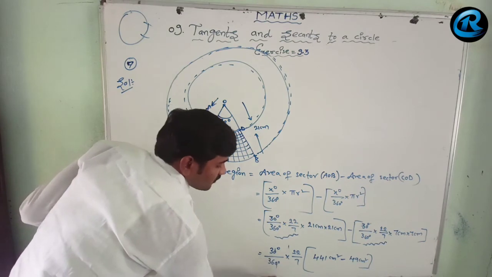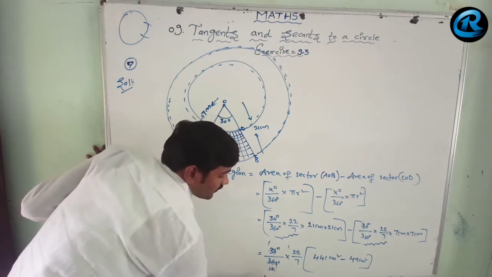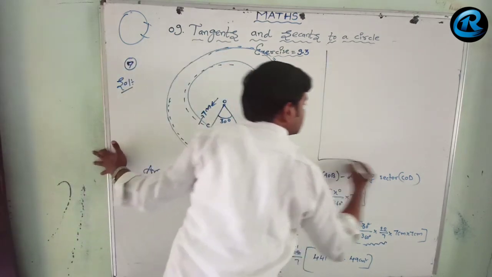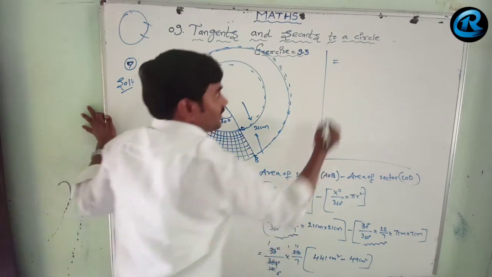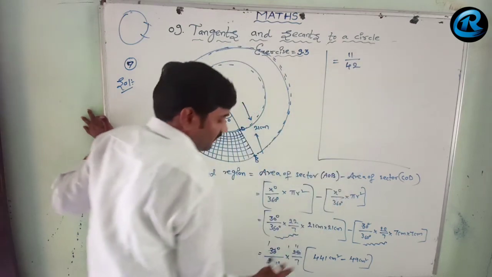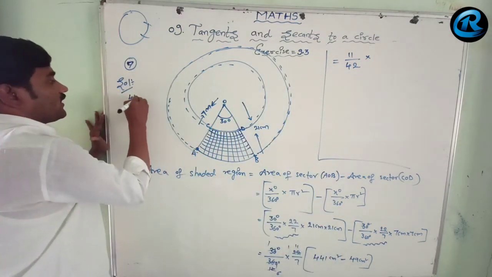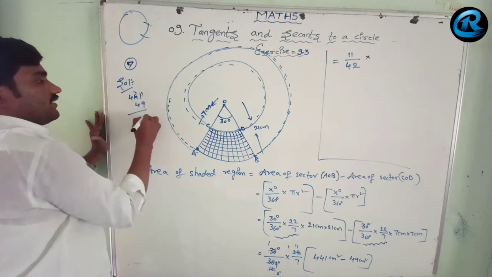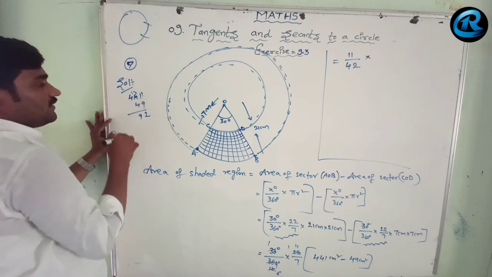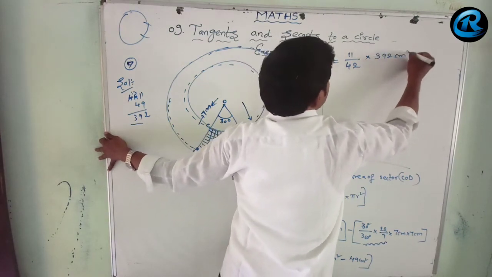So 21 into 21 is 441 centimeter square, minus 7 into 7, that is 49 centimeter square. See that the 10 gets cancelled. 3 ones are 3, 3 twelves are, 6 twos are, 2 elevens are. So what is left at last? 1 into 11 by 6 sevens are 42, 11 by 42 into 441 minus 49, which is 392 centimeter square.